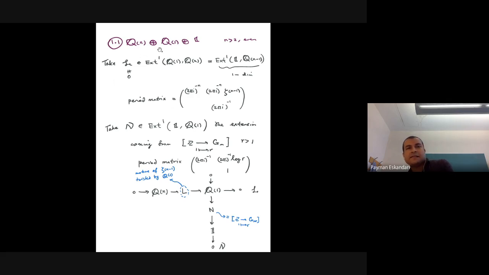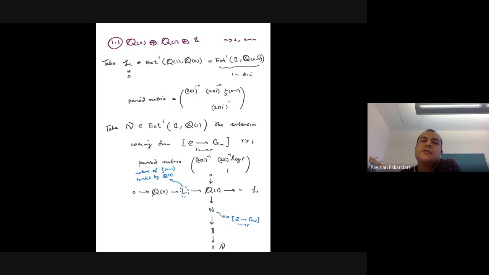Now, in this case, I need an extension of 1 by Q(1). Those are given by Kummer extensions. So you have this extension corresponding to a log r. This is what we're going to take as our vertical sequence. And for the horizontal one, we need an extension of Q(1) by Q(n), which is the same as an extension of 1 by Q(n minus 1), and n minus 1 is odd and at least 3.